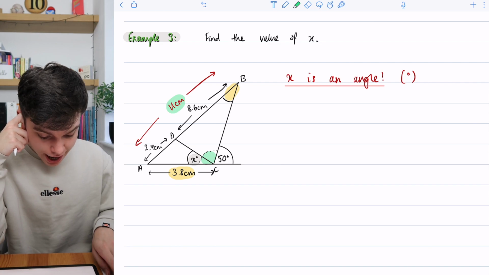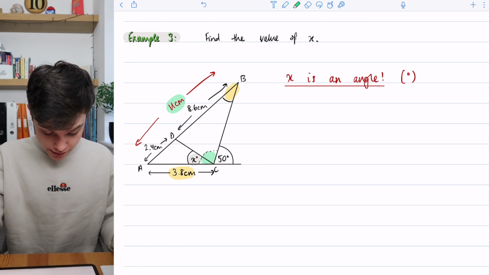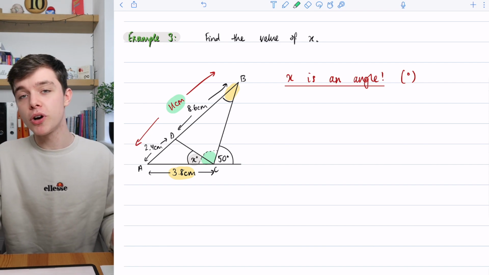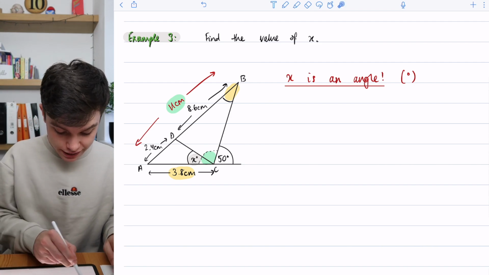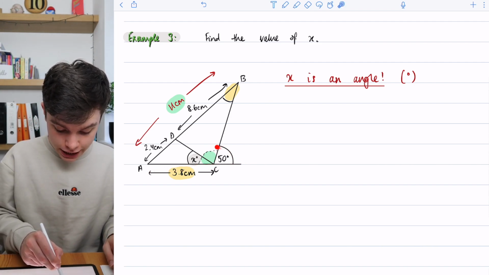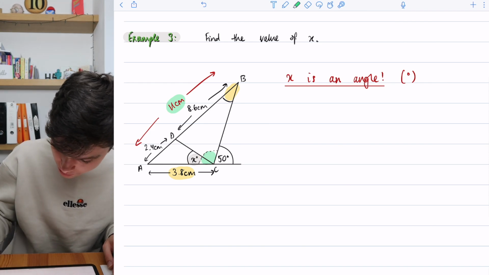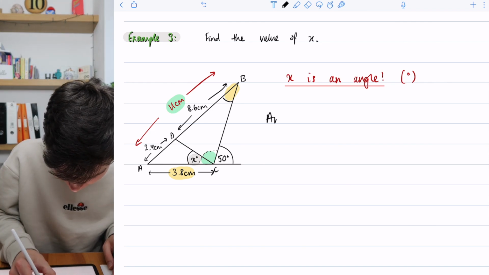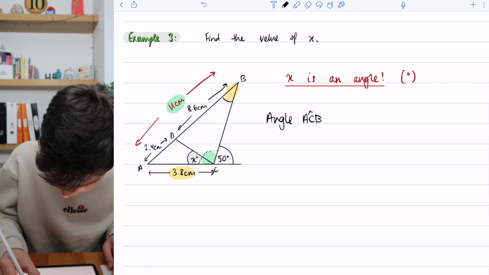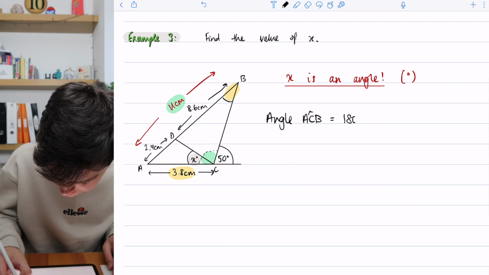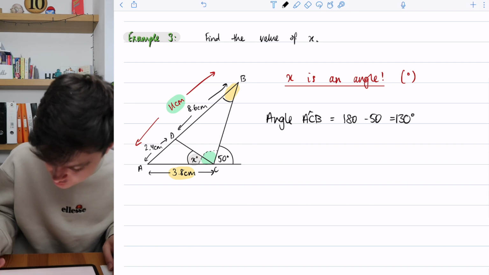We can see I can do that because I can use the sine rule. The reason I can use the sine rule is because we can already work out what the green angle is. Because we have a straight line here, and we know that this angle is 50. So this full angle, and I'll write it in proper maths, angle ACB, is equal to 180 minus 50, which is 130 degrees.